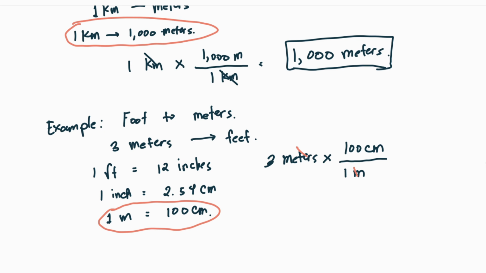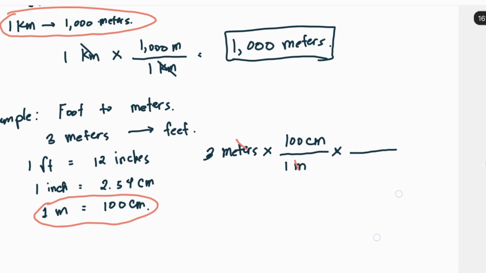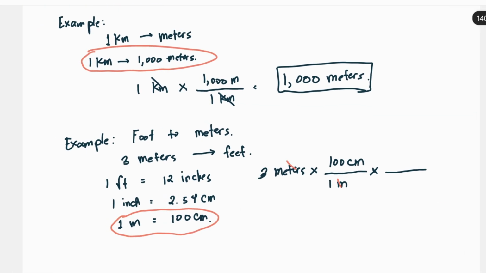Okay, so now that I have canceled the meters unit, I will need to multiply this again on the second stage because we have not yet arrived at our target conversion, which is to feet. So therefore, I'm going to use the second conversion factor available here in our example, in which 1 inch is equal to 2.54 centimeters. So how am I going to write this down on my fraction?